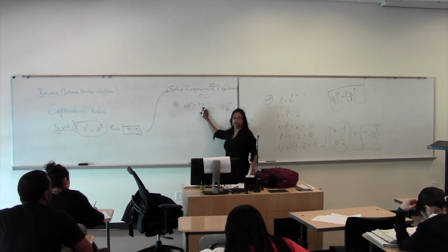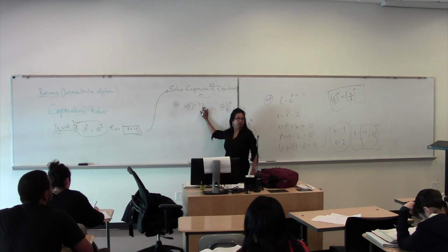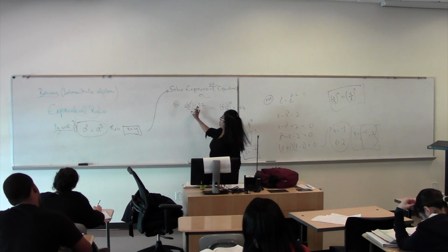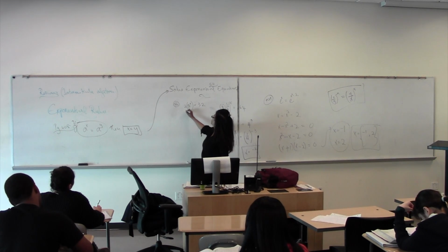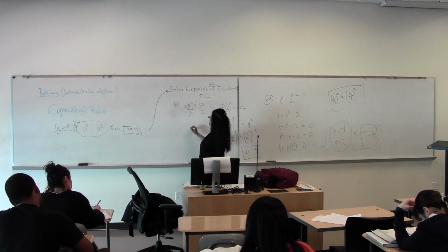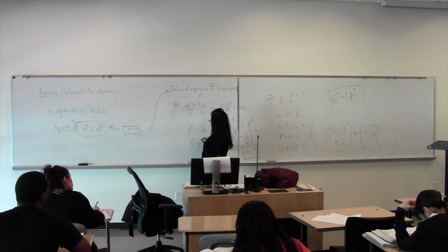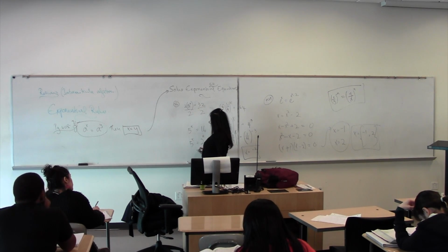You guys need to be familiar with the basic power rules. But we have a 2 here, so before we use the rule, we have to get rid of this 2, right? So how will you get rid of the 2? Divide both sides by 2, so this is going to be 5 to the power x is equal to 25.